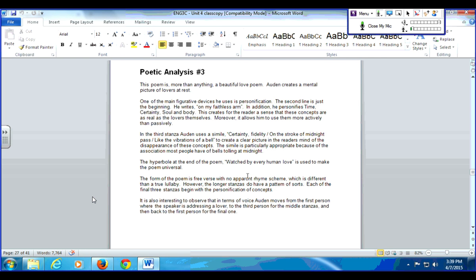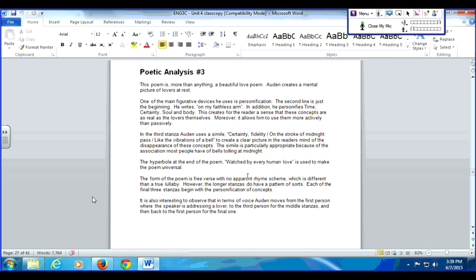The form of the poem is free verse with no apparent rhyme scheme, which is different than a true lullaby. However, the longer stanzas do have a pattern of sorts. Each of the final three stanzas begins with the personification of those concepts.